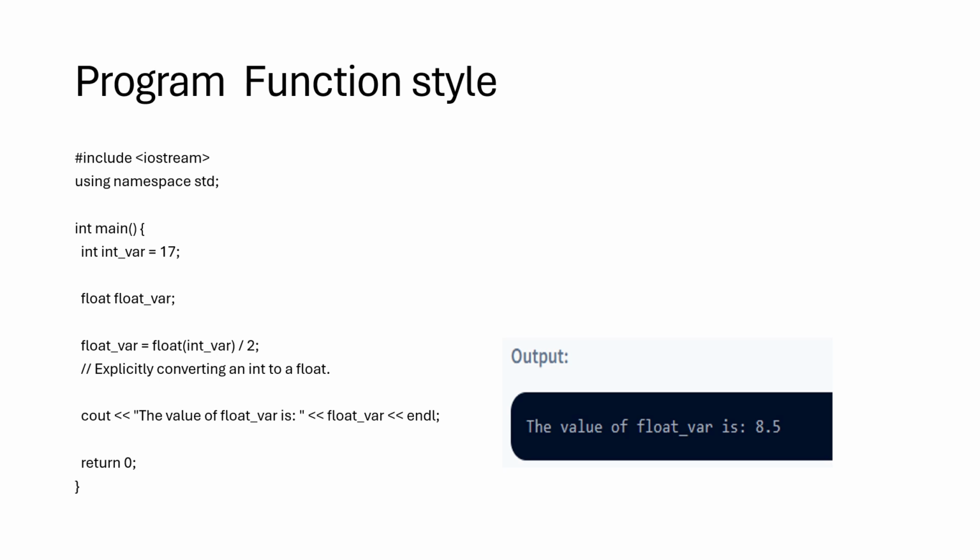Then float var is equal to float, in brackets, the integer value divided by 2. This is the notation. So now we are converting integer to float. While dividing 17 by 2, we get the answer 8.5, so we are declaring it as a float.